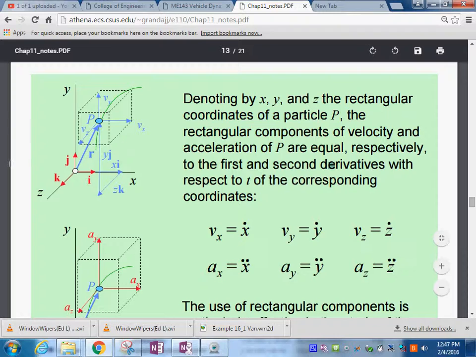But you see that this could be the center of mass of this body.